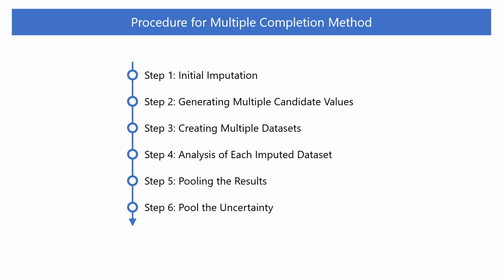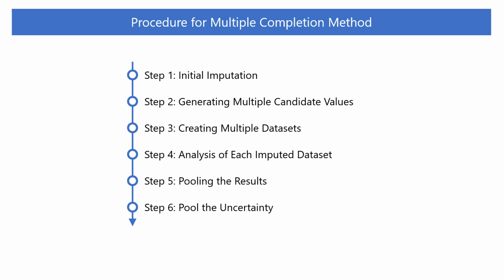We should perform multiple imputation following these steps. In step 1, determine a single value to impute each missing data. In step 2, generate multiple imputed values based on the single imputed value. In step 3, create multiple datasets using those multiple imputed values.